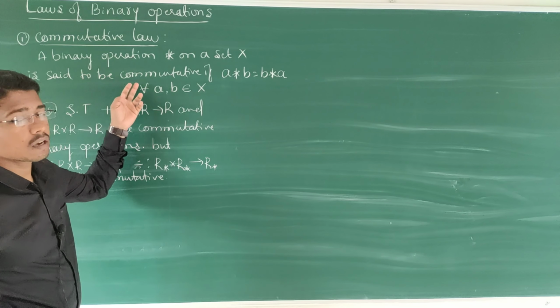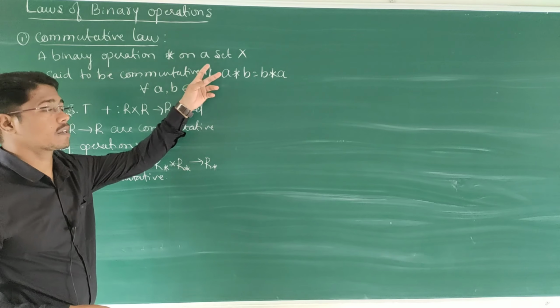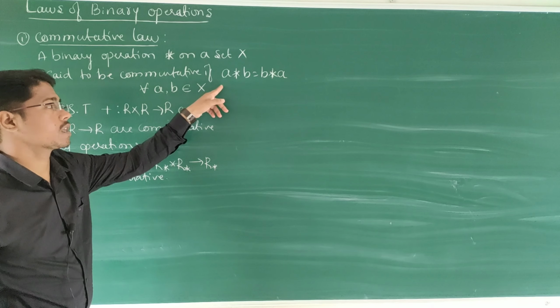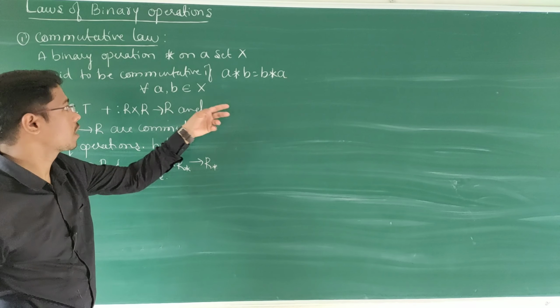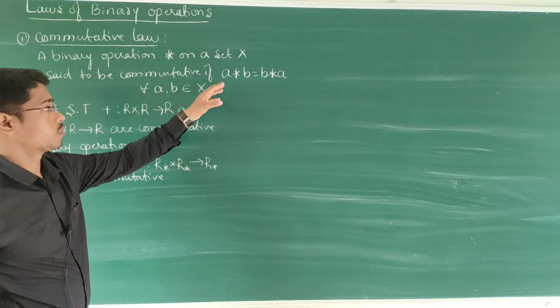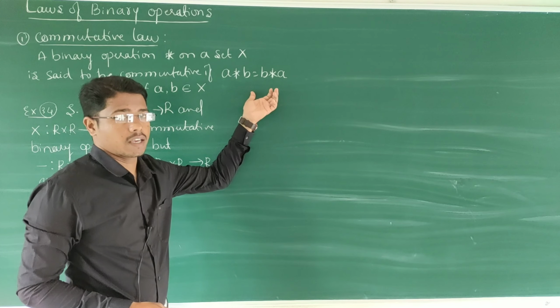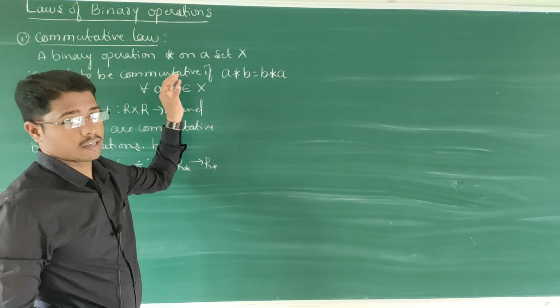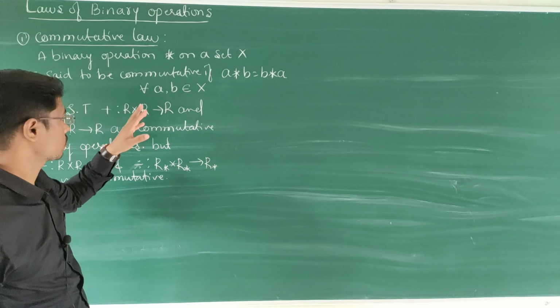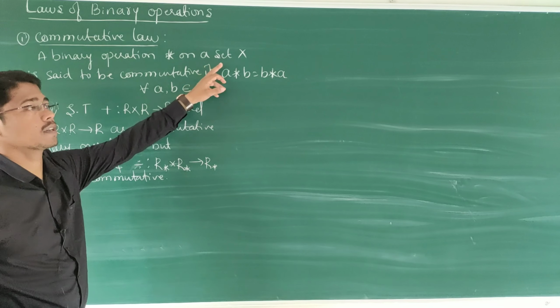A binary operation star on a set X is said to be commutative if A star B equals B star A for all A, B belonging to X. So if A star B equals B star A, we can say the binary operation is a commutative binary operation for all A, B belonging to the set X.